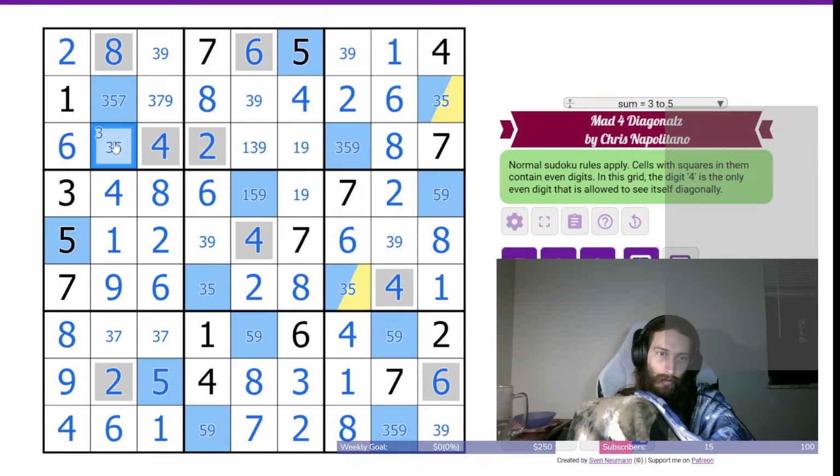So if this was a 3, you'd get 3 there, 3 there, 3 here, center of box 6. Wait, why? No, center of box 6. Yeah, there we go.